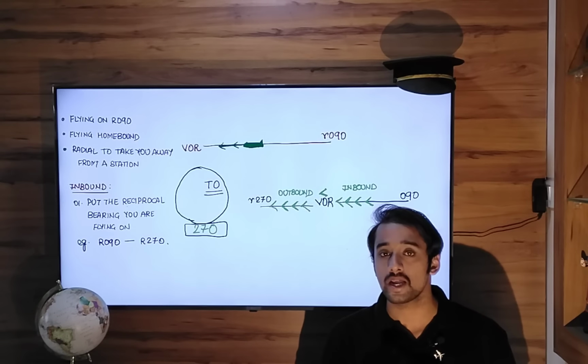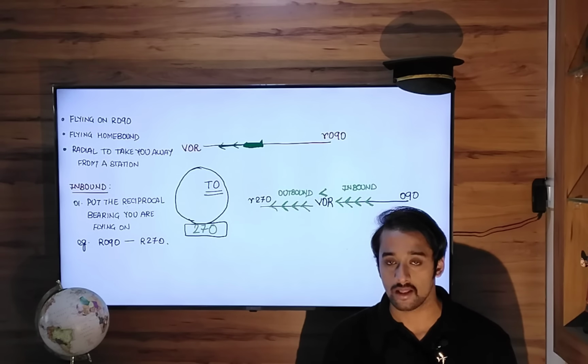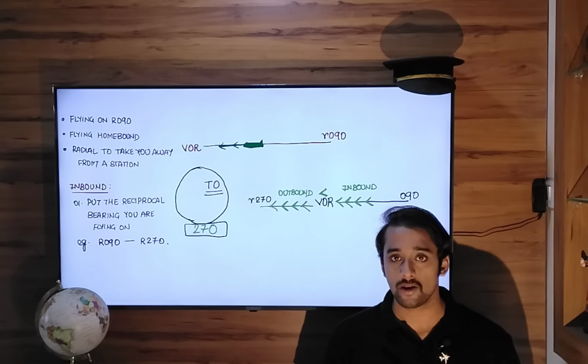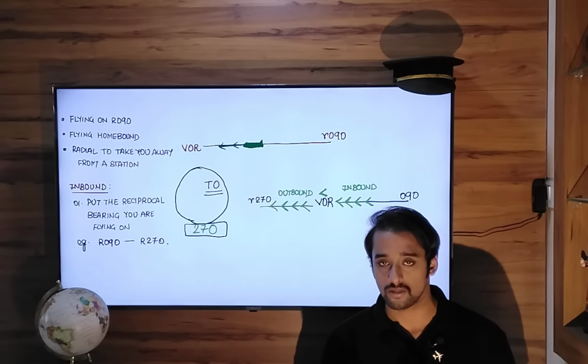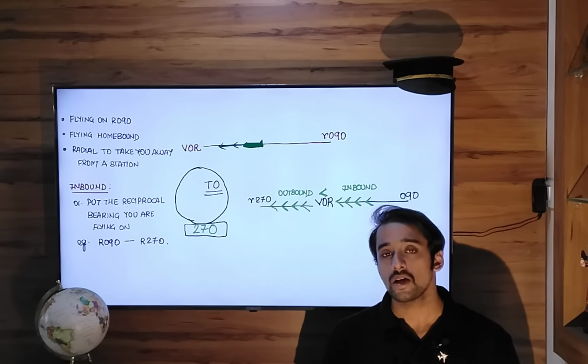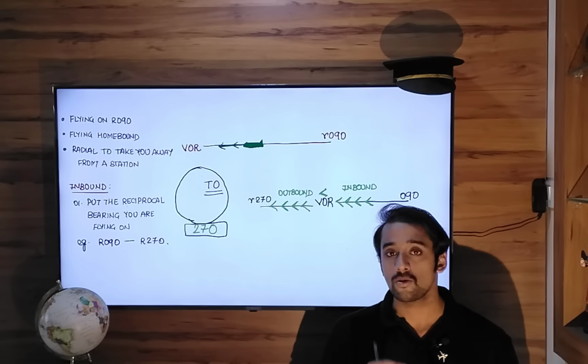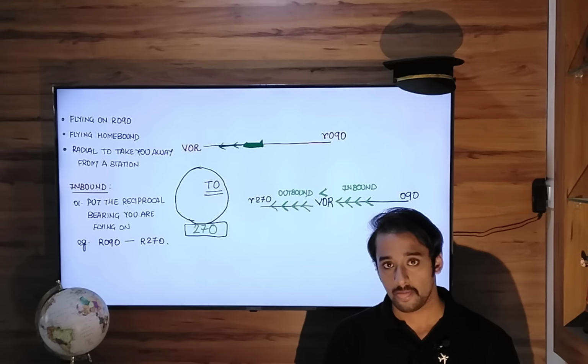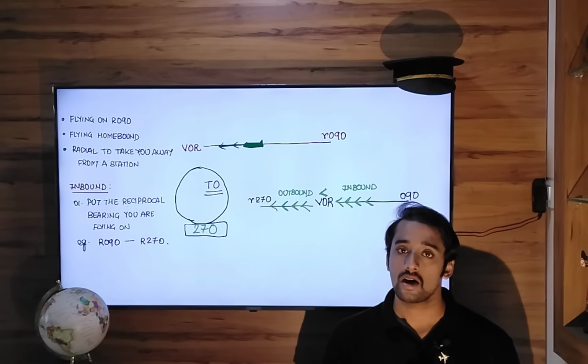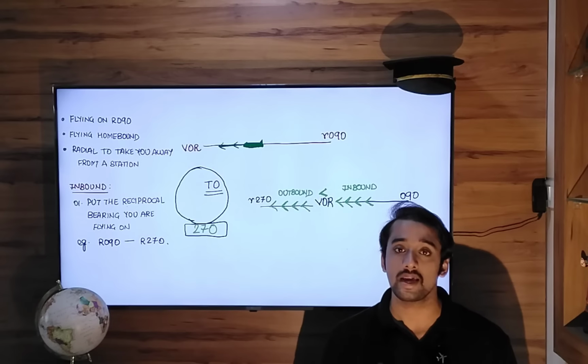Flying outbound, put the radial you are flying outbound, and as a result you get FROM indication, meaning you're going away from the station. Flying inbound, you put the reciprocal radial. Okay, so you get the indication, TO indication. That is the correct way of operating a VOR.